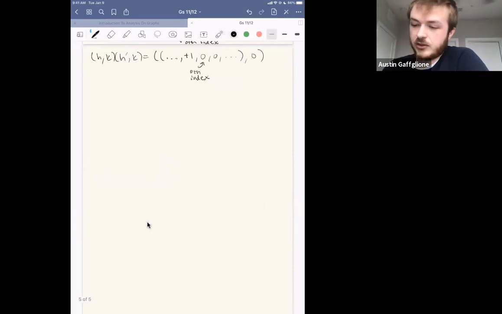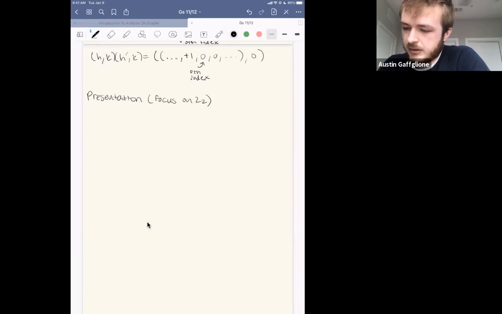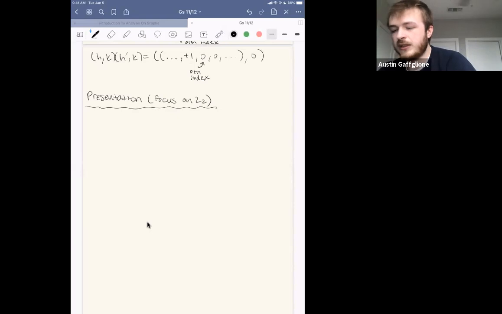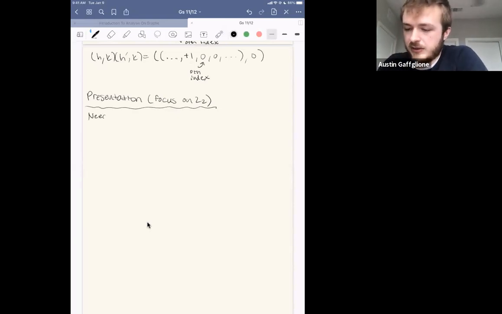Okay. So I can talk about a presentation for Ln. In this case, I'll just focus on L2. In my Lamplighter picture, I need two basic actions.